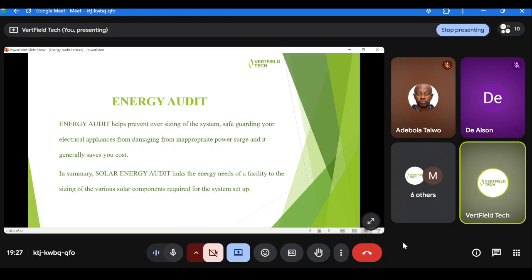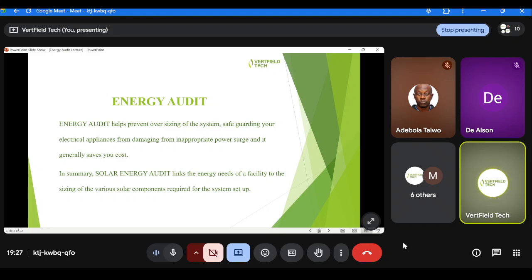When we say energy audit helps you prevent oversizing of your solar system, it simply tells you that as a professional, at no point in time should you assume the various sizes of your solar components by mere assumption.